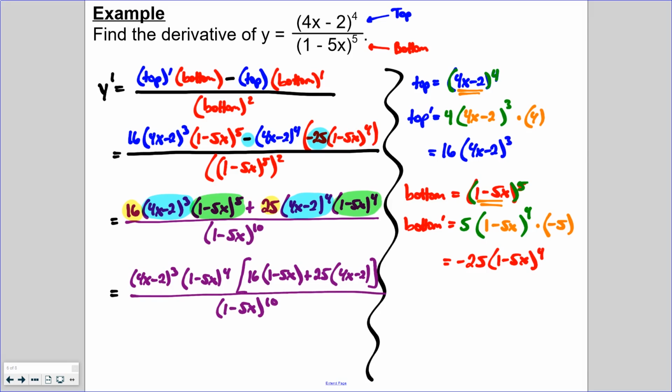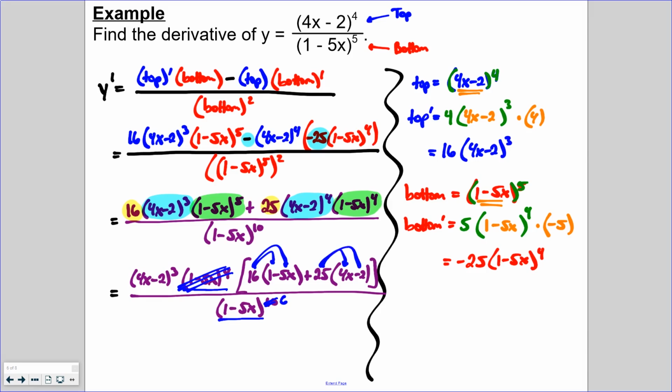Okay, so let's keep on chugging. Well, if we look carefully, we can see that we have a 1 minus 5x to the 4th power in the numerator as a factor, and we have a 1 minus 5x to the 10th in the denominator as a factor. So that means I can cancel out 4 of those. So this factor is just going to go away, and this 10 is going to become a 6. All right, well then, we are going to distribute the 16 in. We're going to distribute the 25 in.